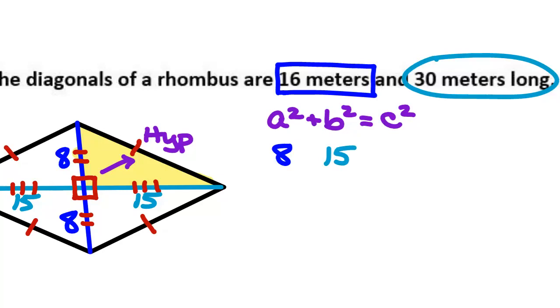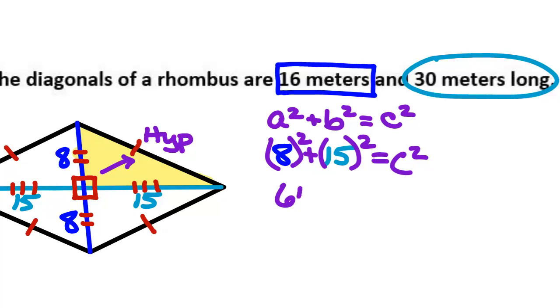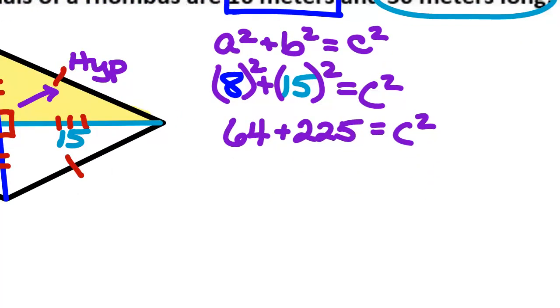So I'm going to take the 8 and square it, plus, and then we take the 15 and square it, set that equal to c squared. 8 squared is 64. What is 15 squared? 225. Then we add 64 and 225 together, and we get 289.